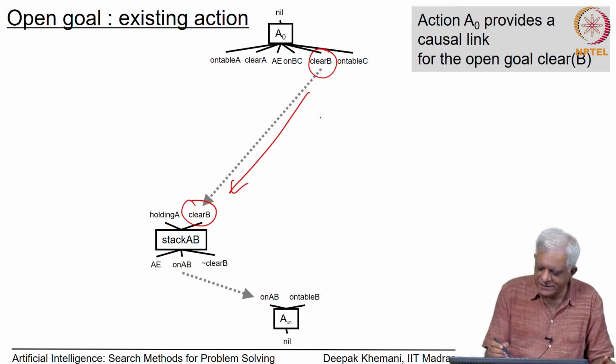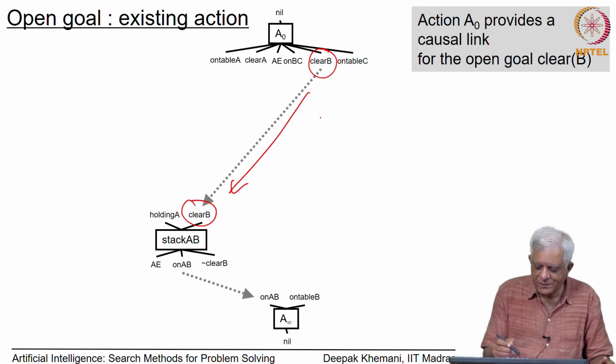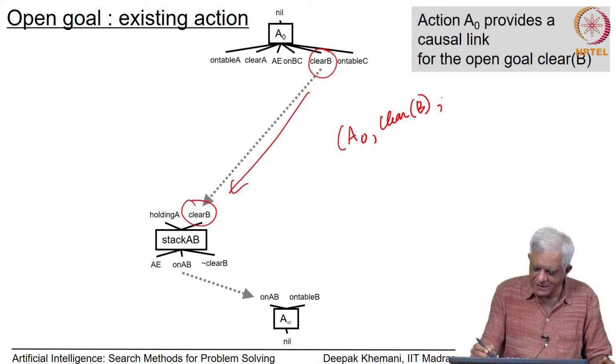It would be added to the plan by saying that this triple, A 0 produces clear B and stack A B consumes clear B.